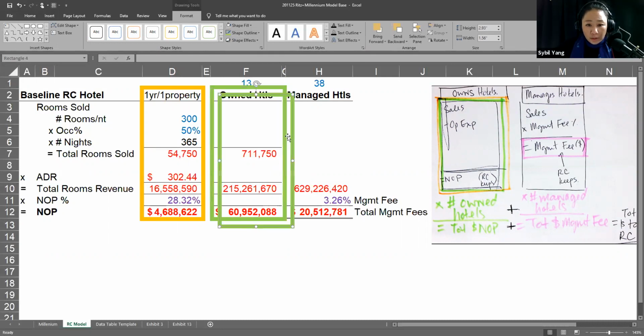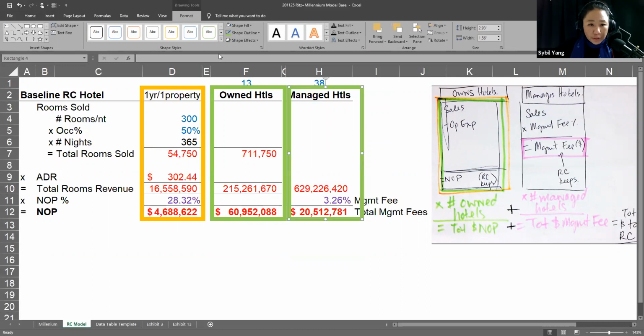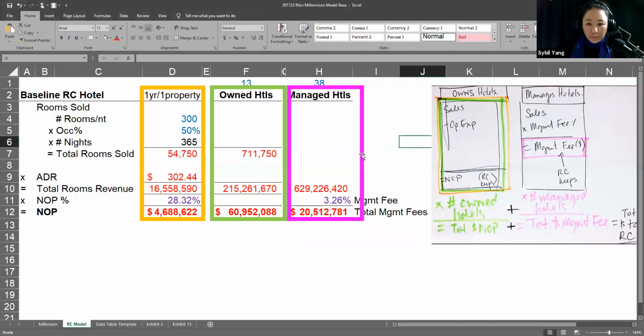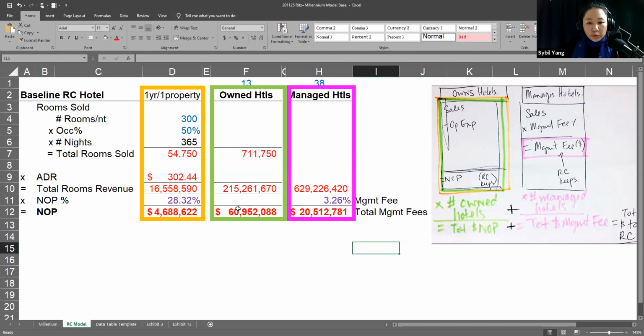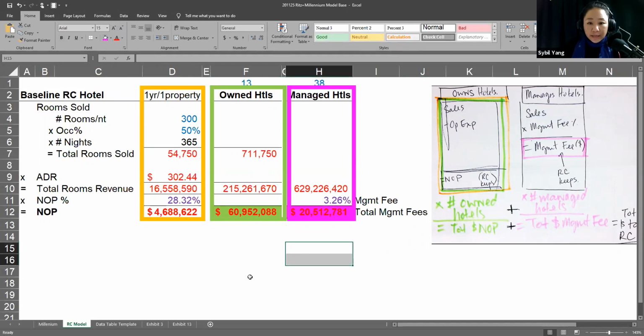And this is the purple part, that purple pink part, that obnoxious magenta color. So now remember, our plan is that this plus this equals the total that Ritz-Carlton stands to make.